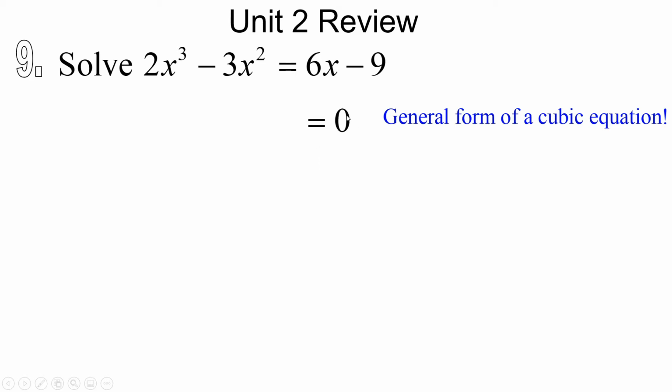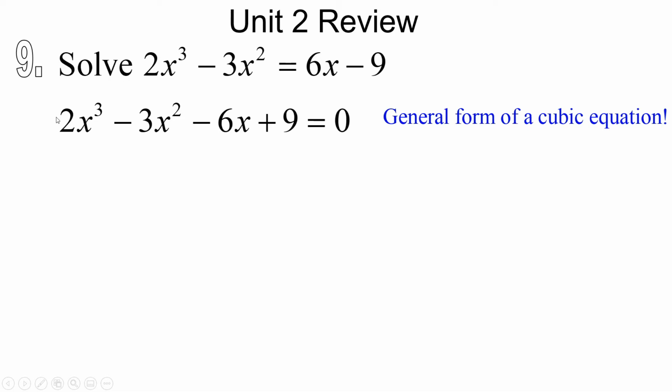So on the right, I'm going to leave my 0. And on the left, I would have 2x to the third power minus 3x squared. And then we're going to have to subtract the 6x's, minus 6x. And then we're going to have to add 9. So here is my cubic with 4 terms. And this is in general form right there.